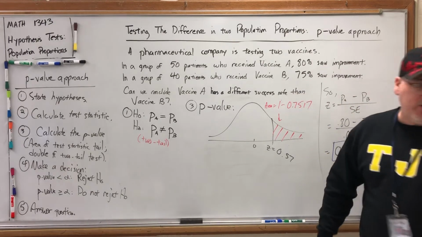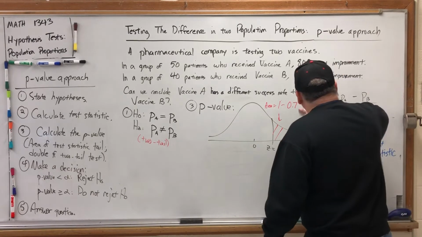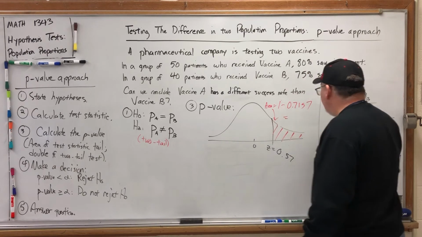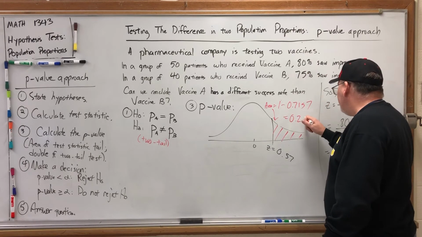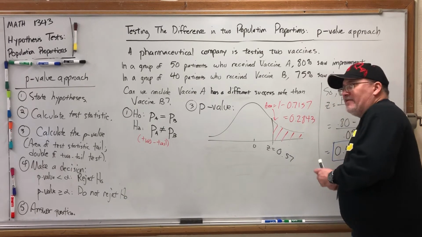Let me double check to make sure that was the correct area. Yep, 0.7157. So that area is going to be 0.2843. But even that's not our p-value.